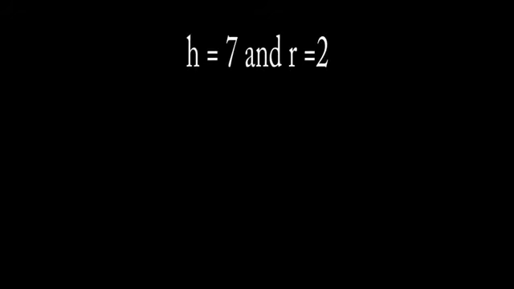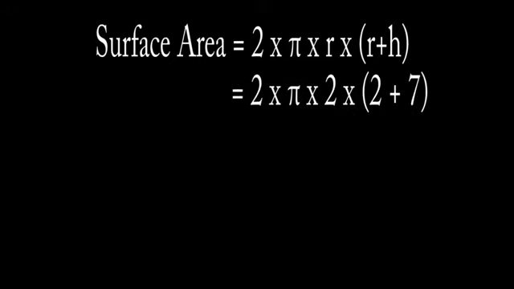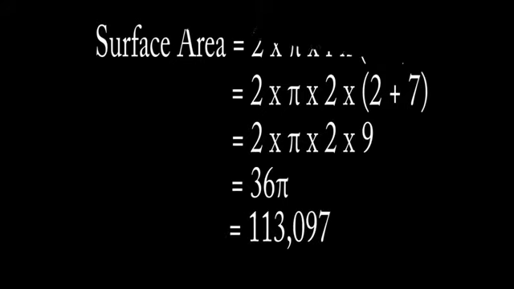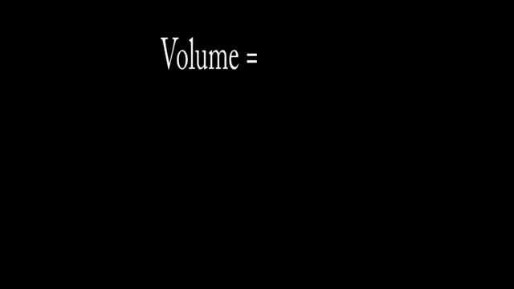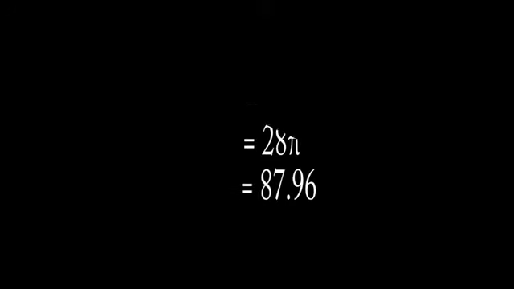Example, when h is 7 and r is 2, surface area is equal to 2 times pi times 2 times (2 plus 7) is equal to 2 times pi times 2 times 9, 36 pi is equal to 113.097. For the volume, pi times 2 squared times 7 is equal to 28 pi. The answer is 87.96.